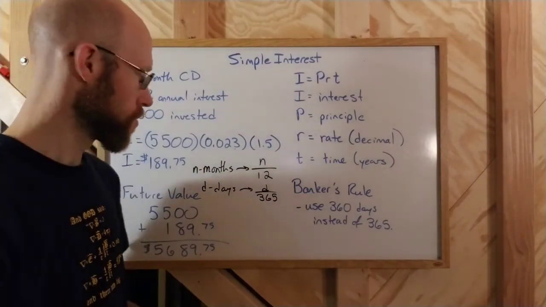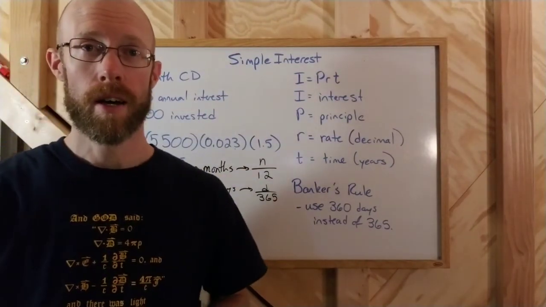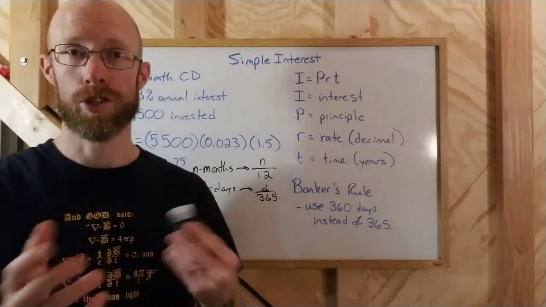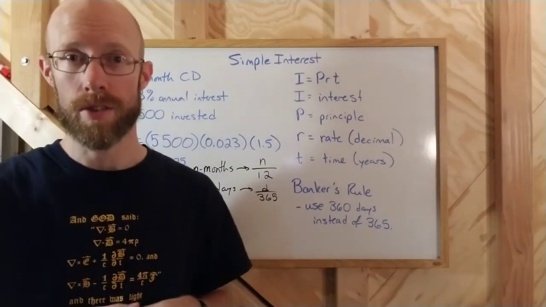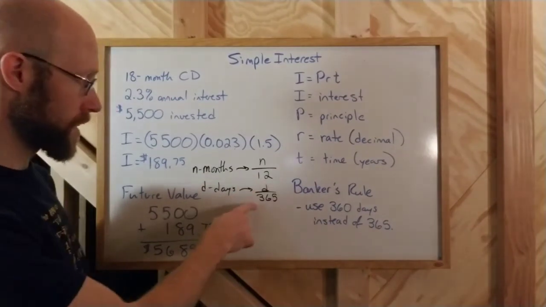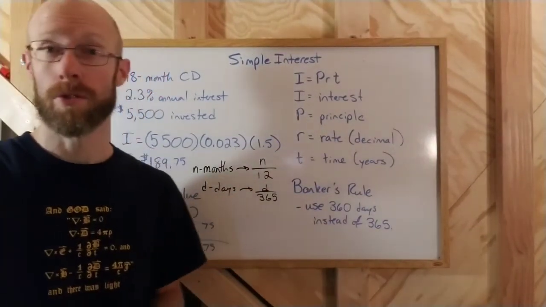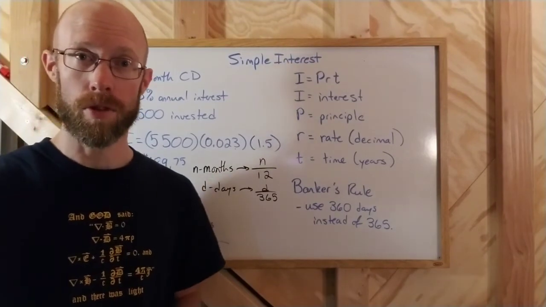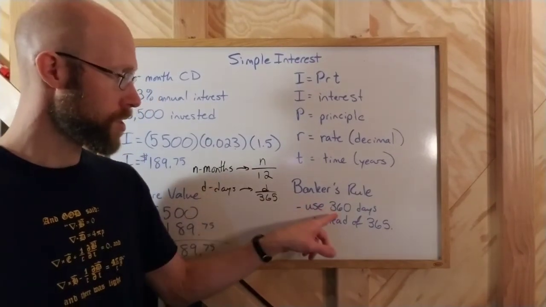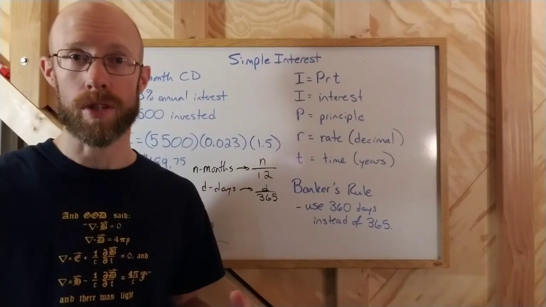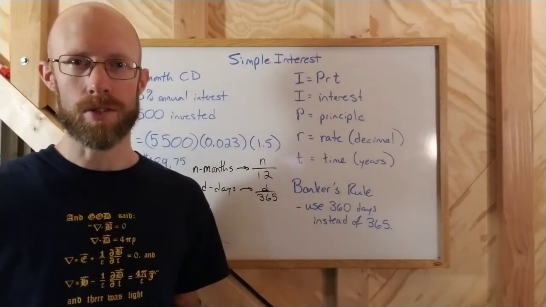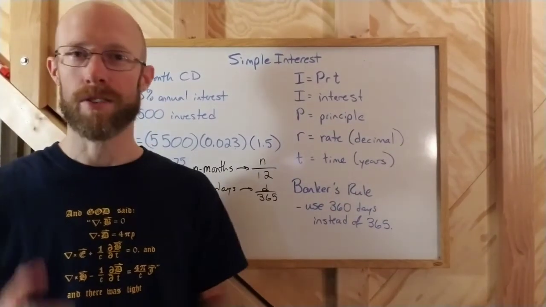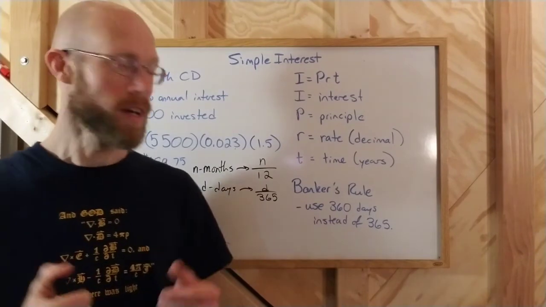If you took out a loan, let's say, to help pay for a car, but it was a short-term loan of 200 days, then you would divide the days by 365, generally speaking. But before the advent of calculators and computers, banks were allowed to use 360 instead of 365 because the calculations were easier. 360 has more factors, you can simplify fractions better with it.